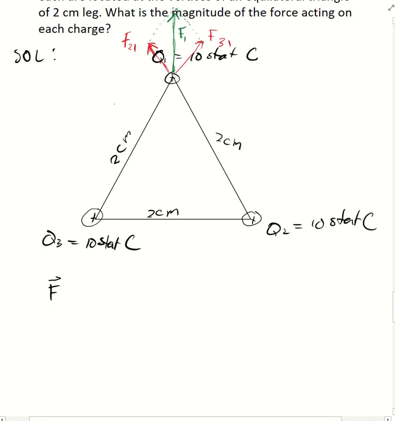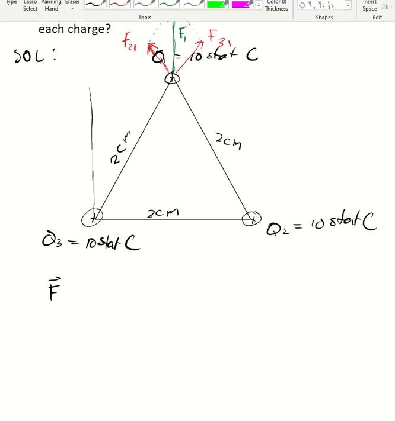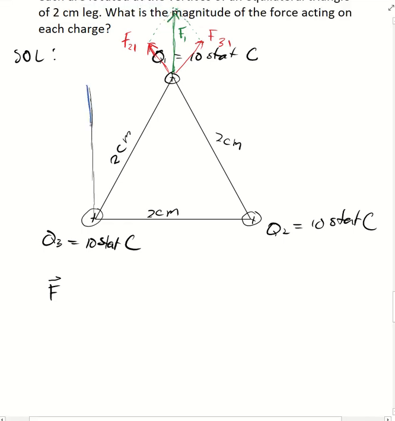So let's plot this one in the XY plane. If this is the x-axis and this is the y-axis, then the direction should be AY, because it's going in that direction.